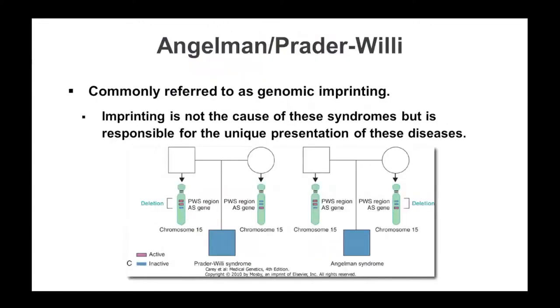Angelman and Prader-Willi syndromes are commonly referred to as genomic imprinting. Imprinting is not the cause of these syndromes, but it is responsible for the unusual presentation of the disease.